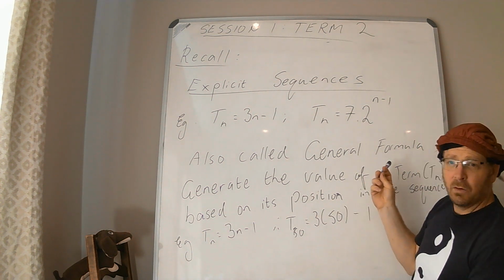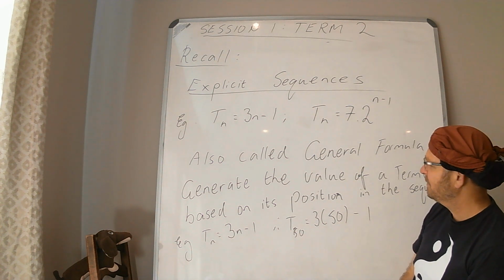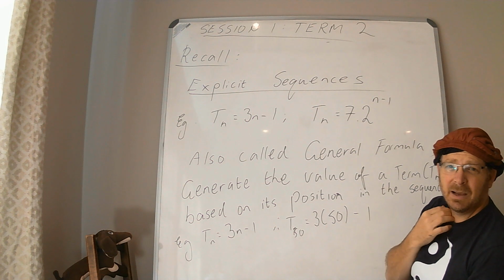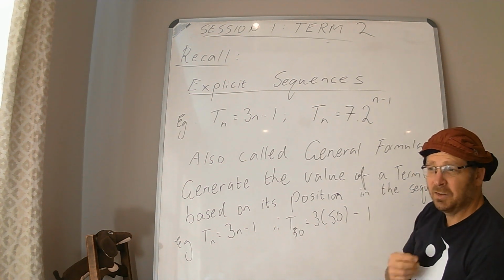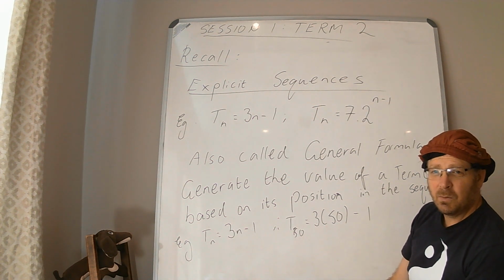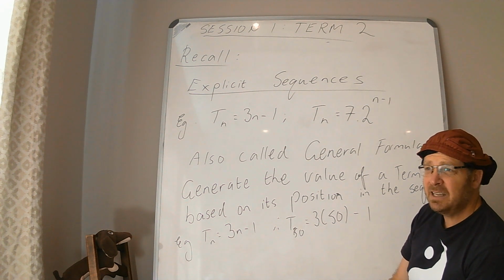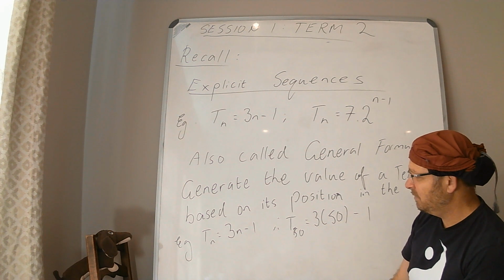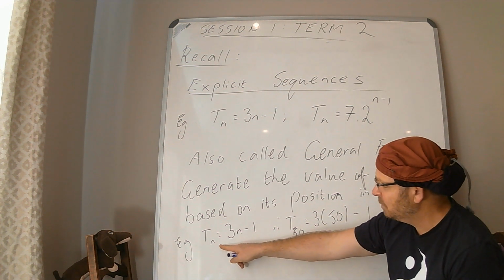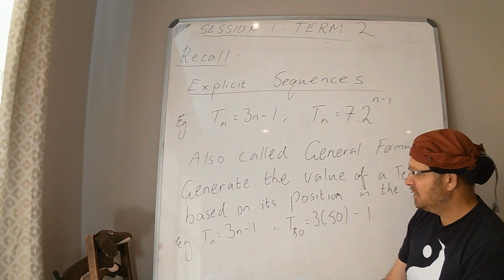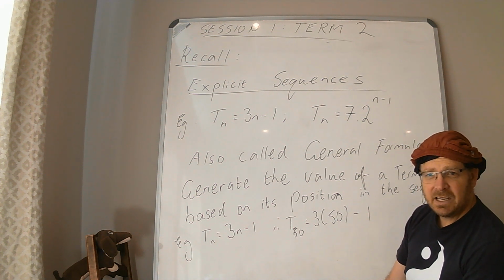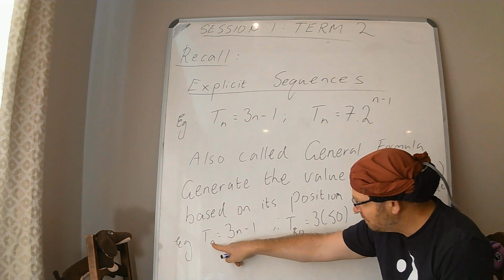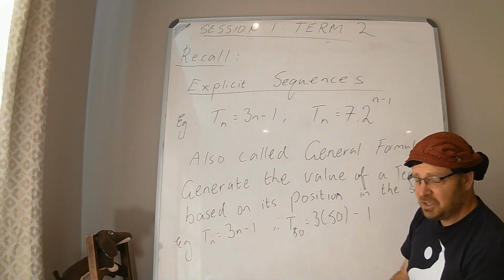They're also called general formula or general sequences. What they do is generate the value of a term based on its position in the sequence. In many ways, they're easier to work with manually than recursive sequences because you just need to plug in a single value. For example, if the general formula for a sequence was Tn is equal to 3n minus 1, it's explicit because it's generating the value of the term based on its position.